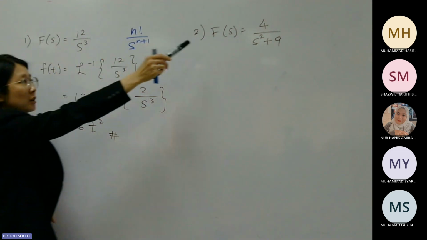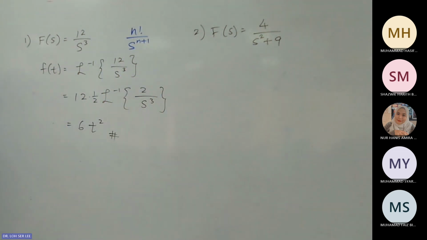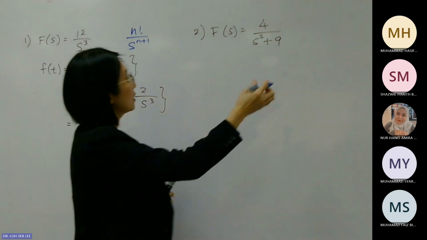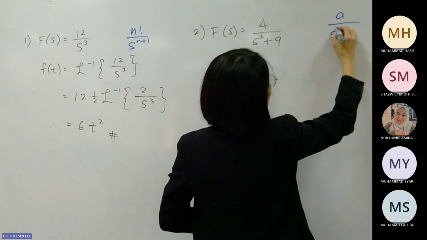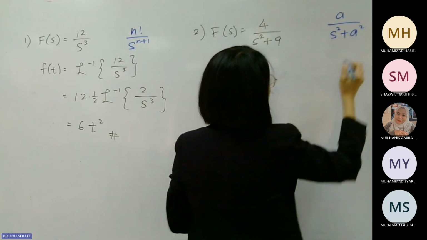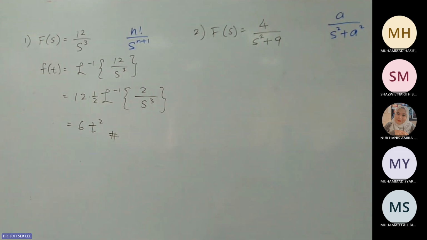But at the top there is no s, so it will be sine. According to the formula of sine, you should have a over s squared plus a squared.